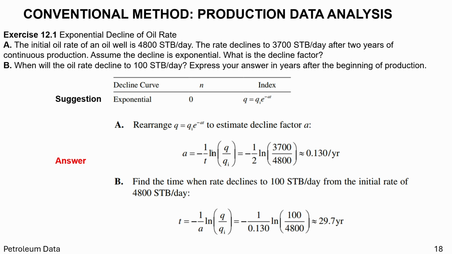The decline factor tells us how quickly the well is losing productivity. The predicted time to 100 stb/day gives a sense of remaining productive life under the same decline trend. That is why production analysis is so closely tied to economics.